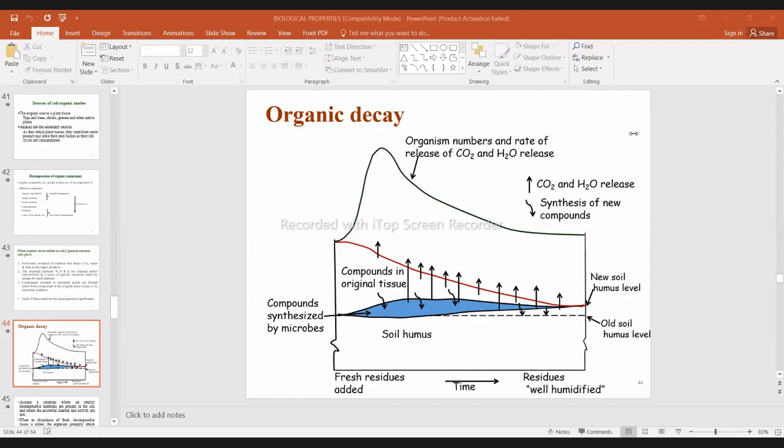Third one is compounds resistant to microbial actions are formed either from compounds in. Okay, thank you.